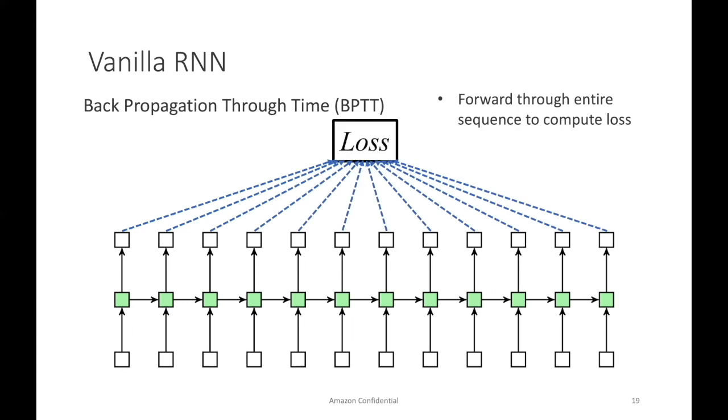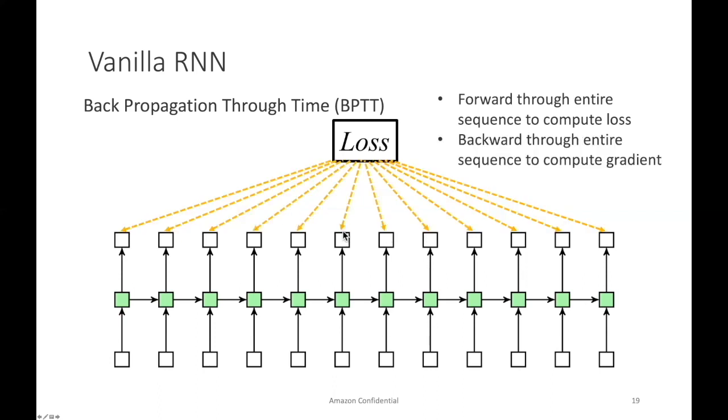That loss we discussed earlier could be a frame by frame loss, or at the end of the sequence you will have just one loss, in the case of sentiment analysis, and then that loss is backpropagated through each of these nodes. Basically the weights are shared, but backpropagation will enable us to compute at each time point what the contribution to the error was, and then that will be used for updating the weights.